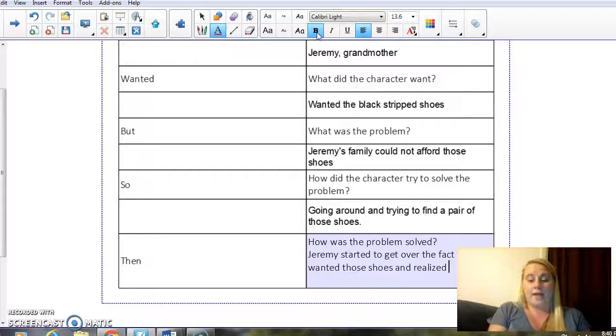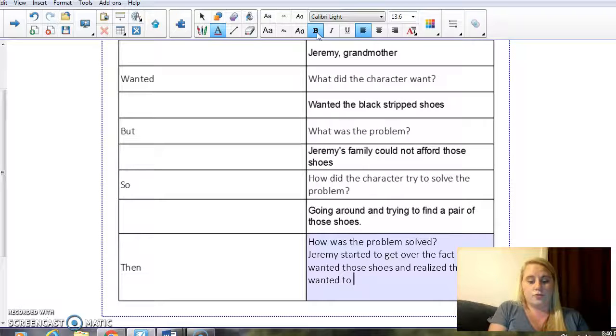So he realized that he wanted to be kind to another student. So this was kind of the falling part of the plot.